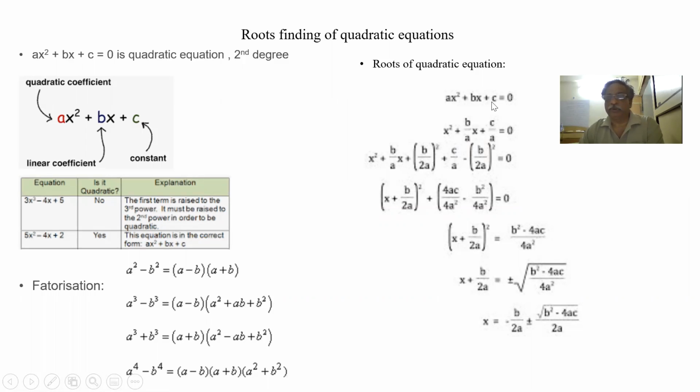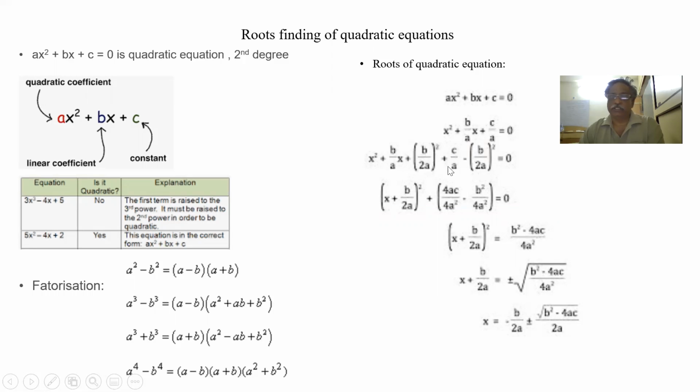We are completing the perfect square. So I have ax square plus bx plus c equal to 0, and dividing by a, x square plus b by a x plus c by a is equal to 0. So we have completed it to be x plus b by 2a whole square, since 2 into b by 2a is b by a x, so I have put minus b by 2a square also.